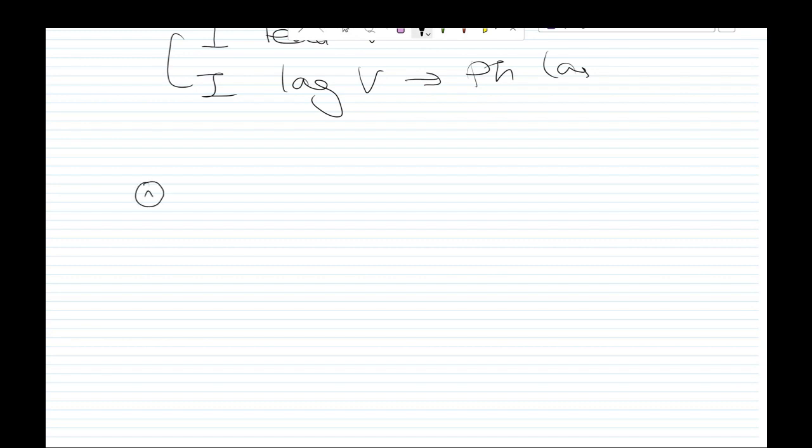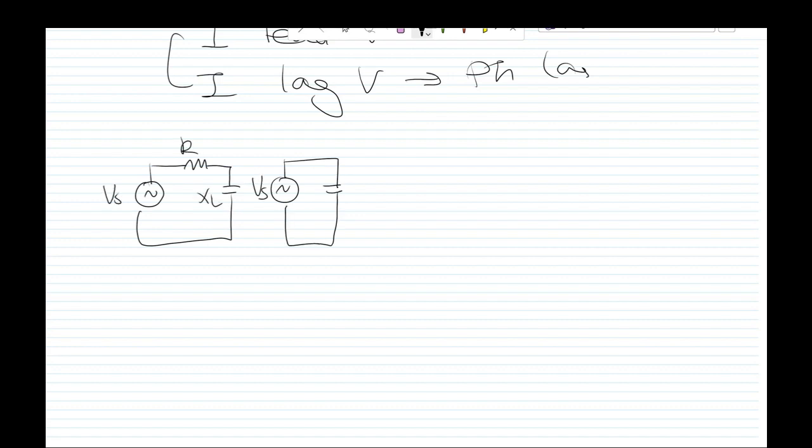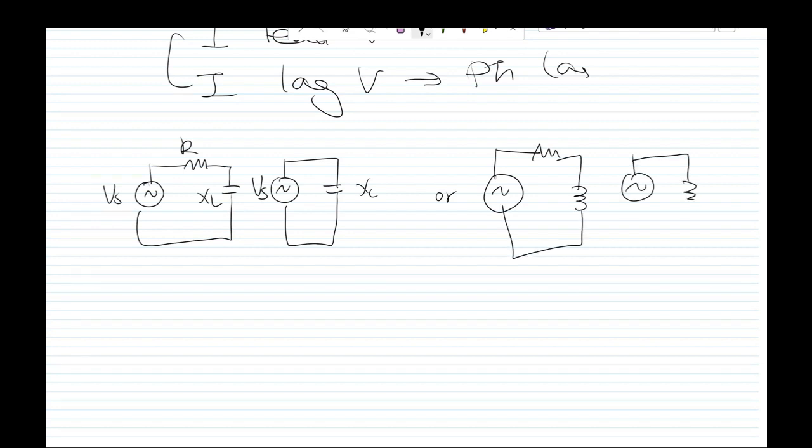For example, like this one, resistor and capacitor, or just only the capacitor, V sub S, R, X sub C. Or the AC circuit with the inductor, X sub L, R, V sub S. Okay?